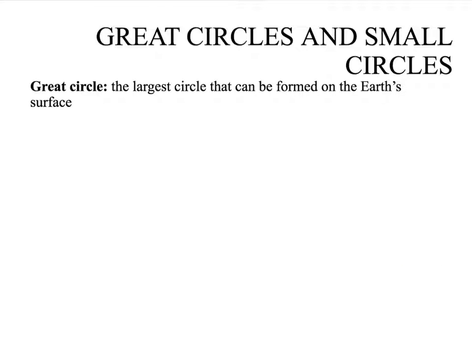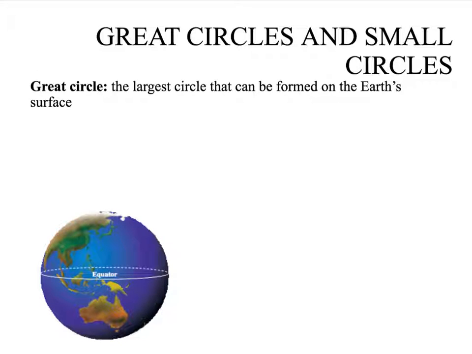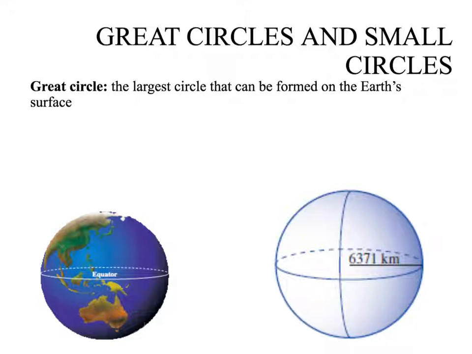So a great circle is the largest circle that can be formed on the Earth's surface. So basically the equator is one great circle, and then we have our meridians. Now, your meridians are your lines of longitude that go around the Earth this way and through the poles.